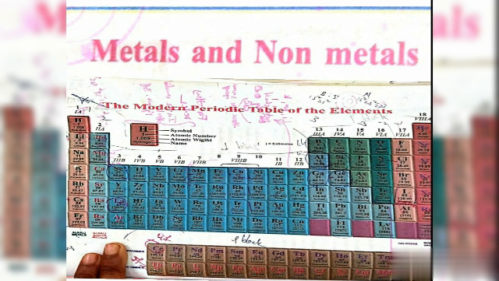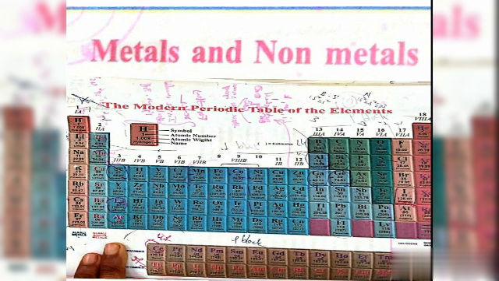Lanthanum 57 is in the third B group, and actinium 89 is also in the third B group. The third group to 12th group are called transition elements, so lanthanides and actinides, being within the transition elements, are called inner transition elements.